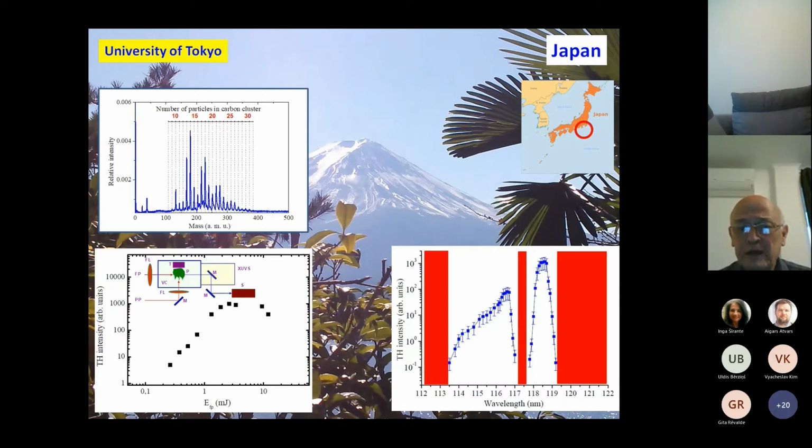And you can further use them for efficient harmonic generation, initially for low order harmonic generation and then for high order harmonic generation.